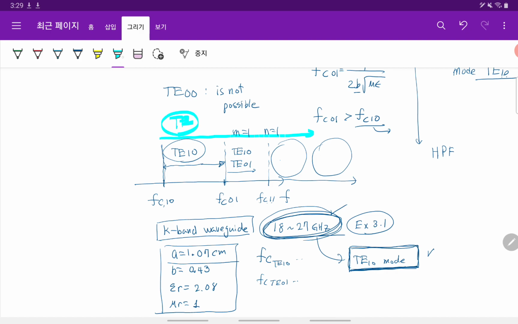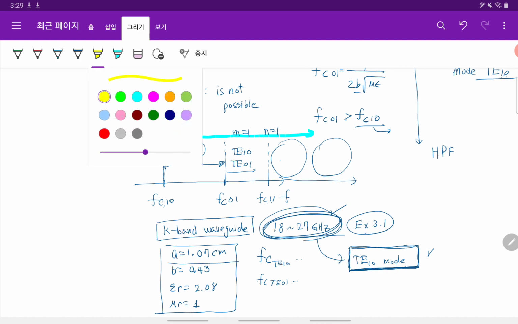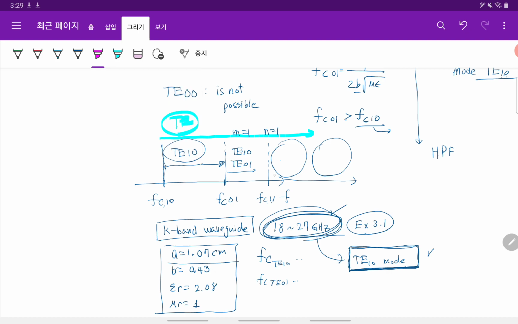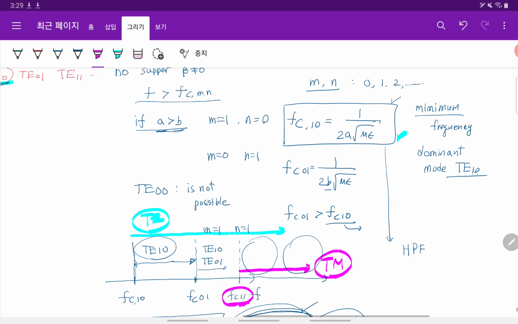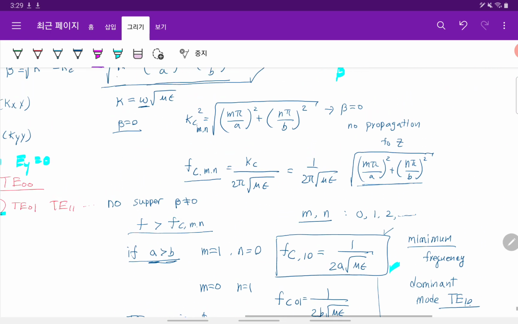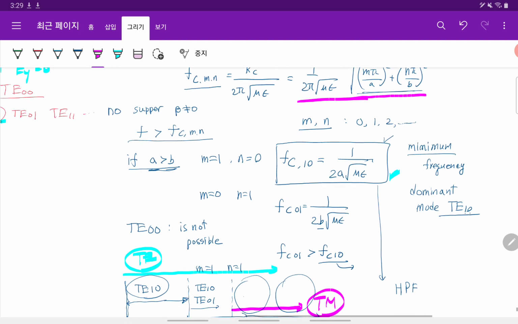But TM mode is possible from this way. But fc11 for TE and TM modes is the same, because the equation is the same actually. This is this equation, which applies to both TE and TM cases.